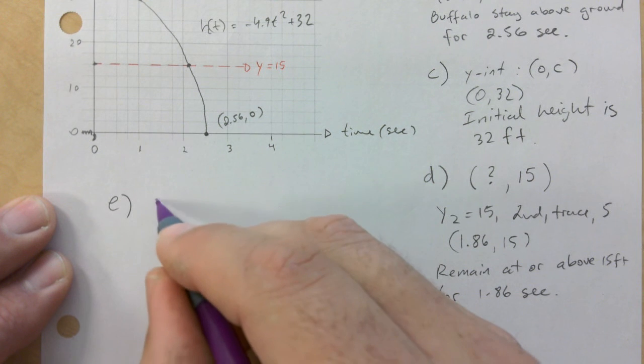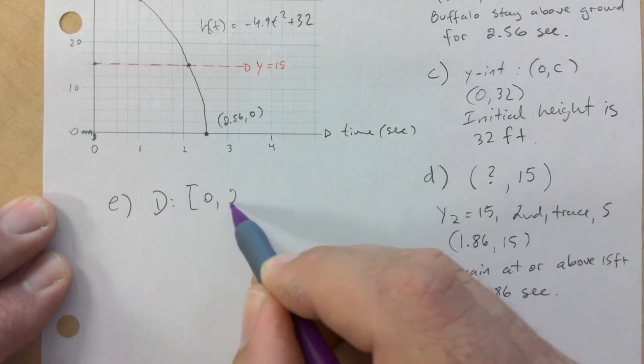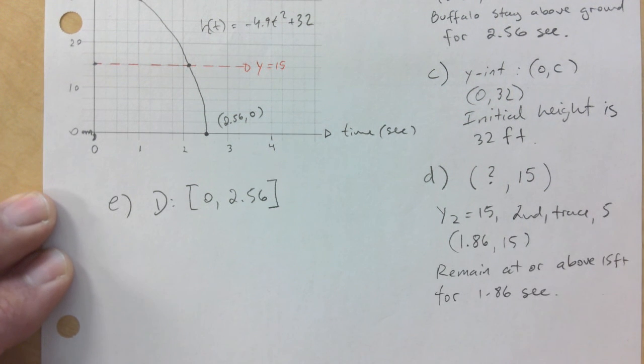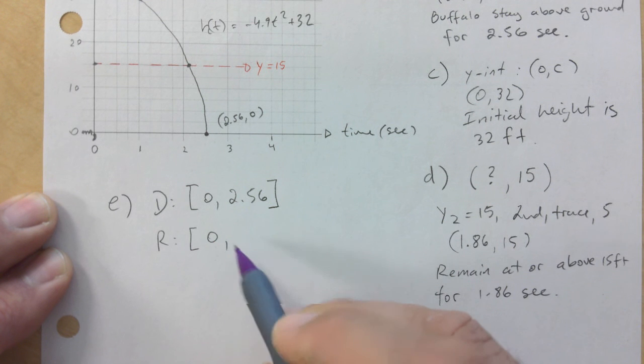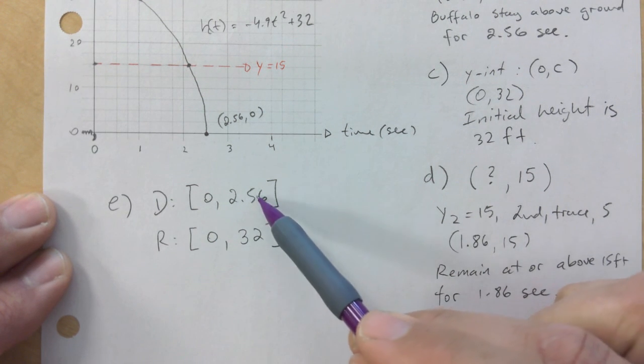So domain and range. We go from time 0 to 2.56, right? When it hits the ground, it kind of ends, right? And then range, we go from 0 all the way to the maximum height, which is 32. The domain is from the x-intercept.